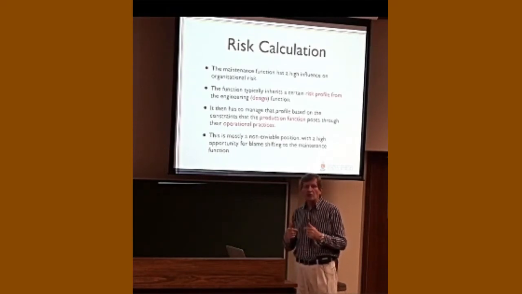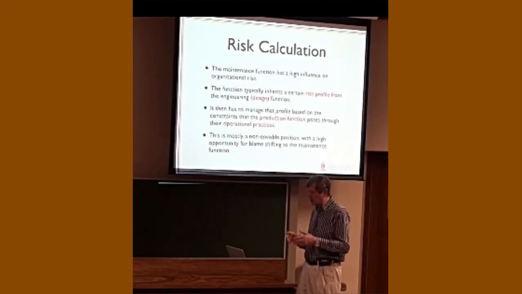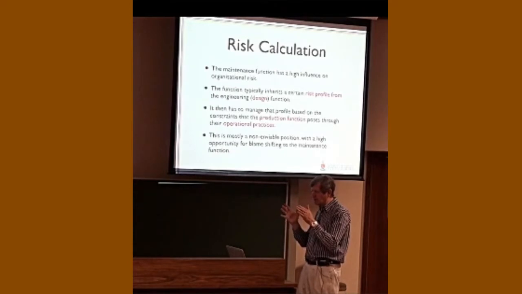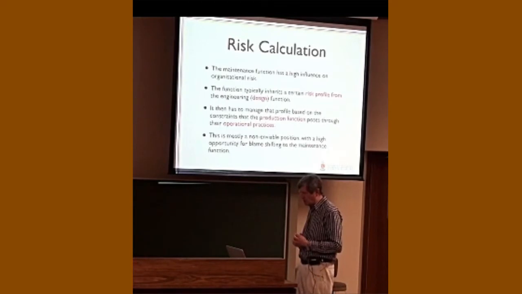In other words, a lot of blame shifting takes place to the maintenance function because you sit with a risk profile that you inherited, and you sit with the production function that performs operational practices in a certain way. And whenever something goes wrong, there's only one that can be wrong, and that's the maintenance function. So it's a non-enviable position. But okay, that as introduction then.